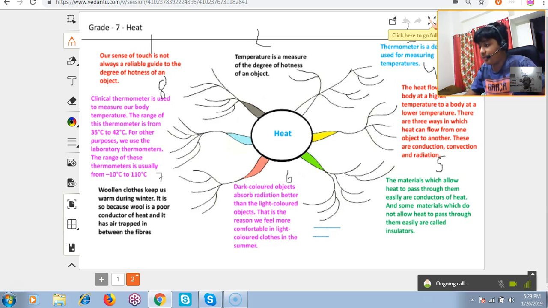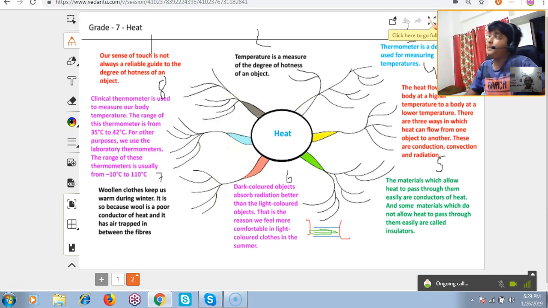If you hold this at one end, you can feel the heat at the other. It is a conductor of heat, so it will be easily able to pass.